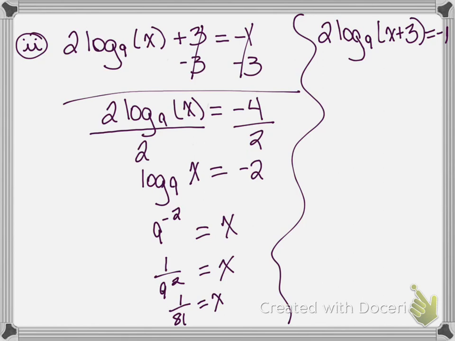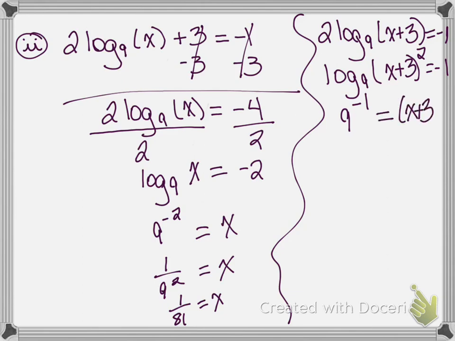And then what I did was I took the 2 and made it its exponent, like this. And that was a reasonable assumption, but that 3 was not part of the index. And so then I was looking at 9 to the -1 power with this x plus 3 squared.